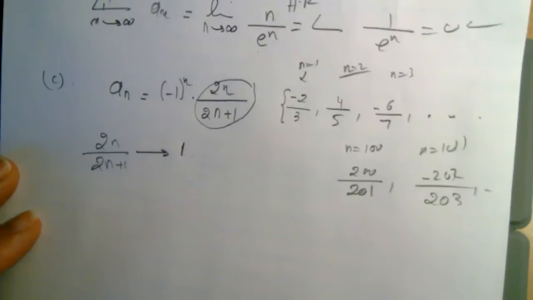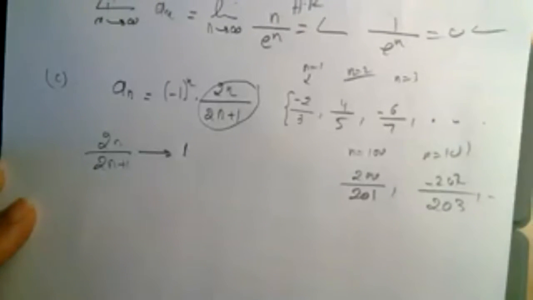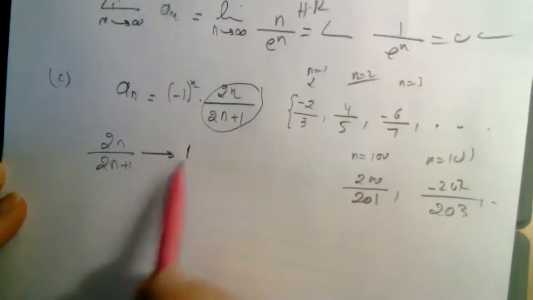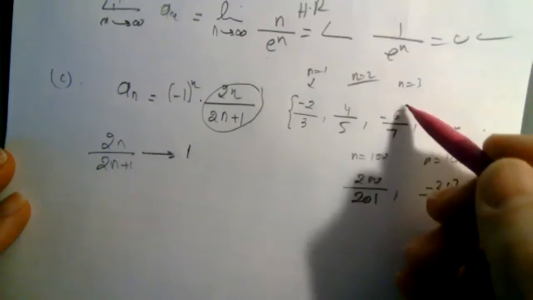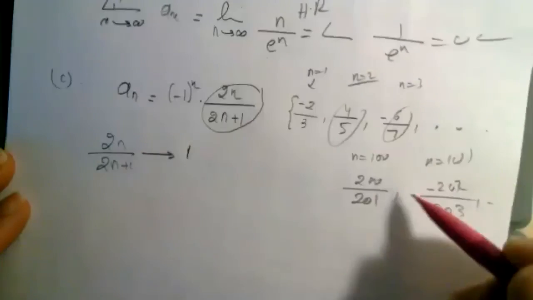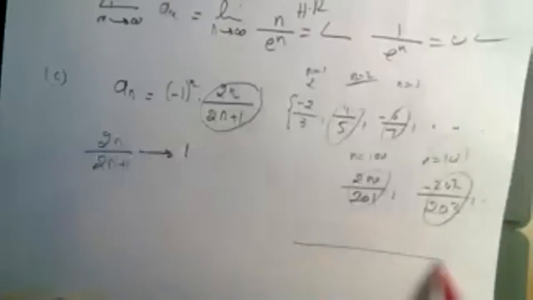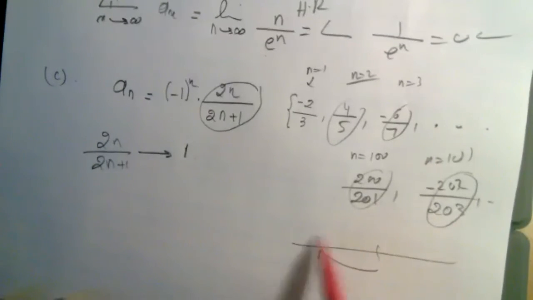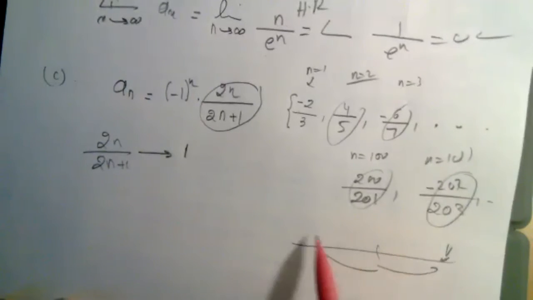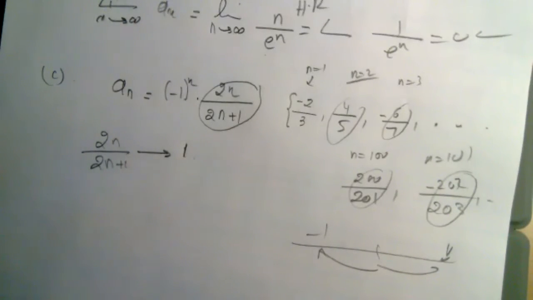No, no, I just want you to find the limit. You don't have to write the terms. I write them to remind you what's going on. So 2n over 2n plus 1 becomes close to 1. It means those terms by themselves, without the sign, are becoming close to 1. But some are becoming close to 1, and some are becoming close to -1. It means the sequence will diverge.